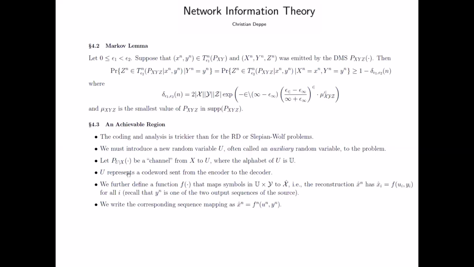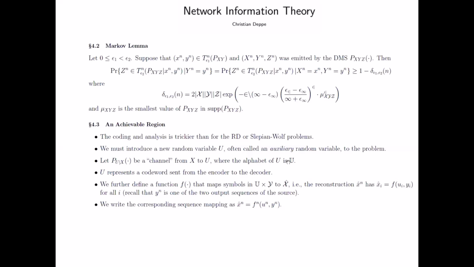So U represents a codeword sent from the encoder to the decoder. And we further define a function f that maps a symbol in U times Y to X hat. So the reconstruction X hat^n has X hat_i equal to f of U_i and Y_i for all i. And we write the corresponding sequence mapping as f^n of U^n and Y^n.